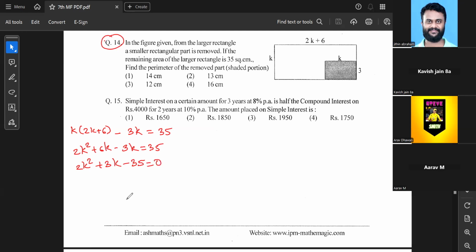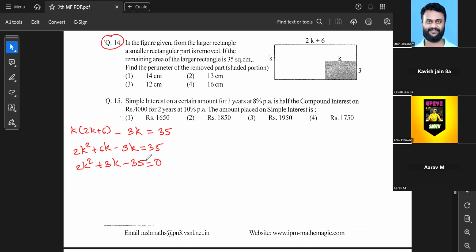Now this is a quadratic equation from where you can get two different values for k. Out of that, you'll have to use one k and find the perimeter. It has to be positive in this case because you can't have a negative length. So you'll get two values of k, out of which you have to choose the positive value. Okay.